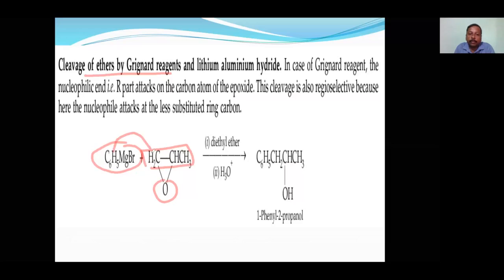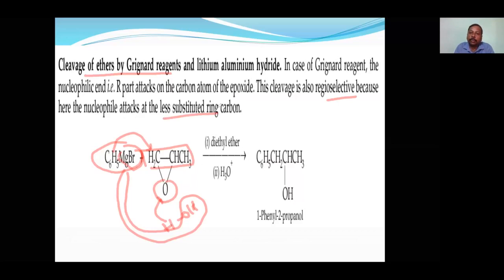This C6H5 will be attached here, MgBr, and HOH will be added. H will be here and MgOH-Br will be eliminated. This is also regioselective because the nucleophile attacks at the less substituted carbon.